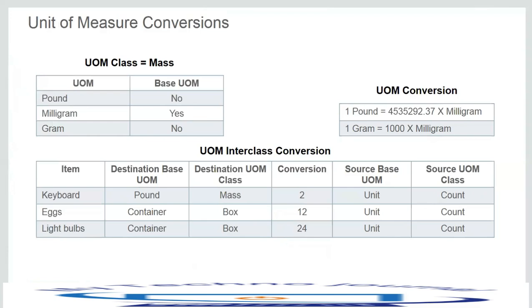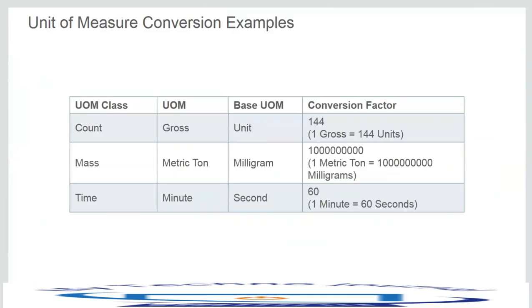Suppose 16 ounces is equal to 1 pound, or 2.2 pounds is equal to 1 kilogram. So it's basically a mathematical relationship between two different units of measure. And these are a few more examples of unit of measure conversion.